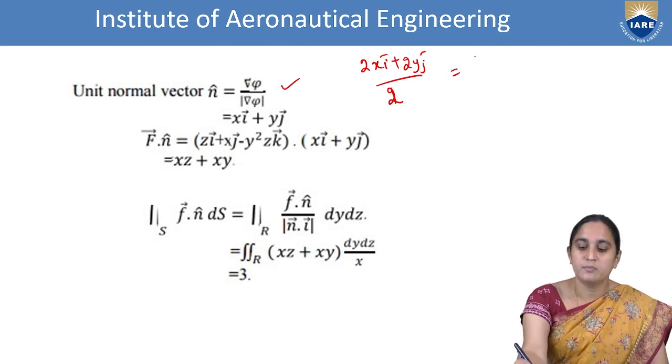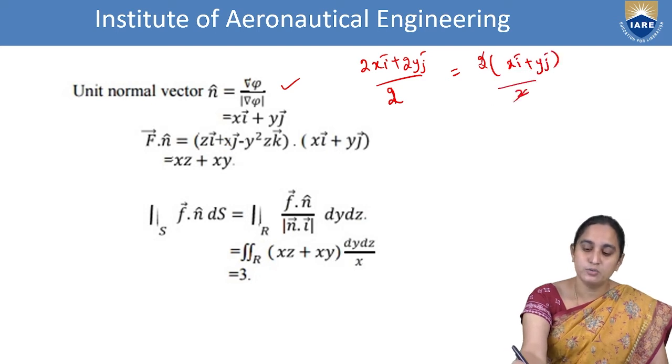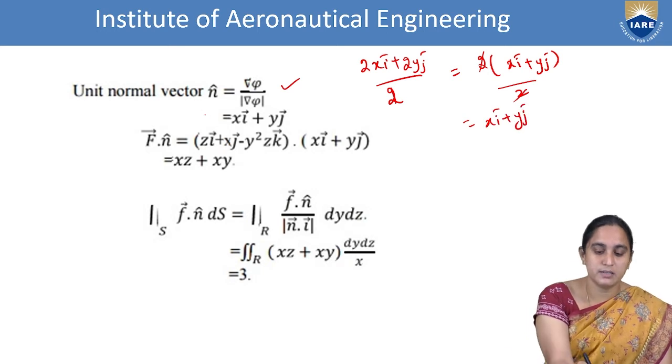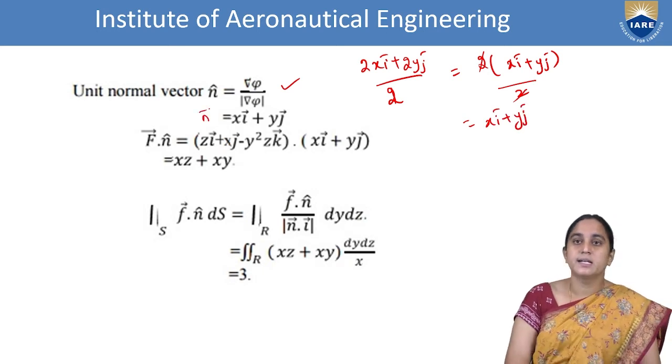Taking 2 common from the numerator, xi bar plus yj bar by 2, the 2 cancels. That is n bar equal to xi bar plus yj bar.